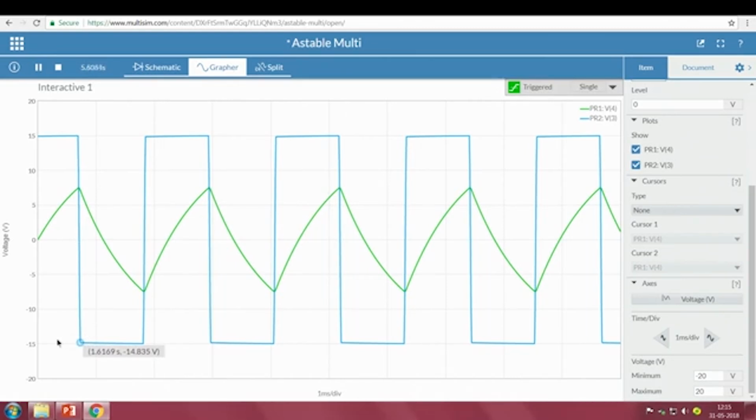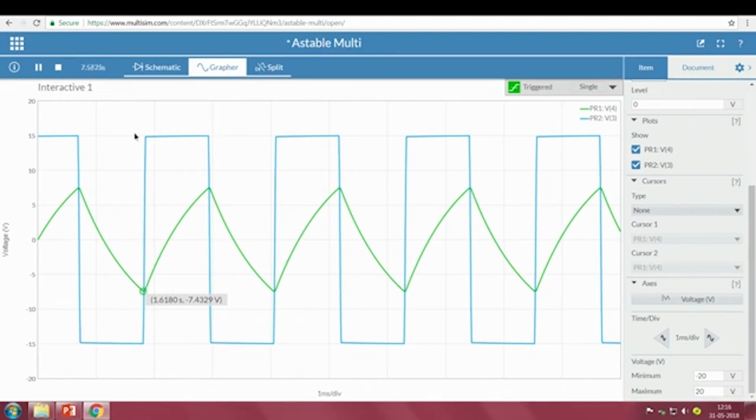So, it is similar to our inverting Schmitt trigger, and again when the input value is minus 7.5, the output goes to plus VCC, right. That is clear.